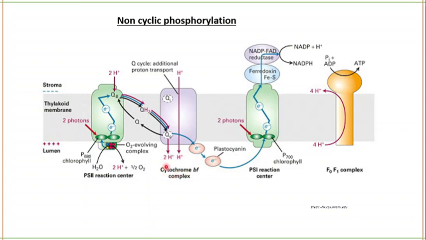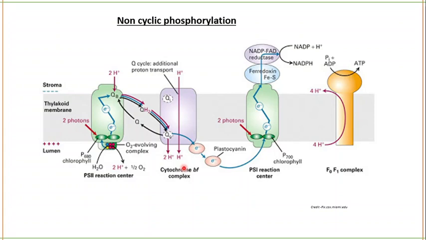It contains 1 Rieske iron sulfur protein, 2 cytochrome b, and 1 cytochrome f. So this plastoquinol binds to cytochrome b6f, and now this plastoquinol, which is in reduced form, is oxidized in the cytochrome b6f complex.